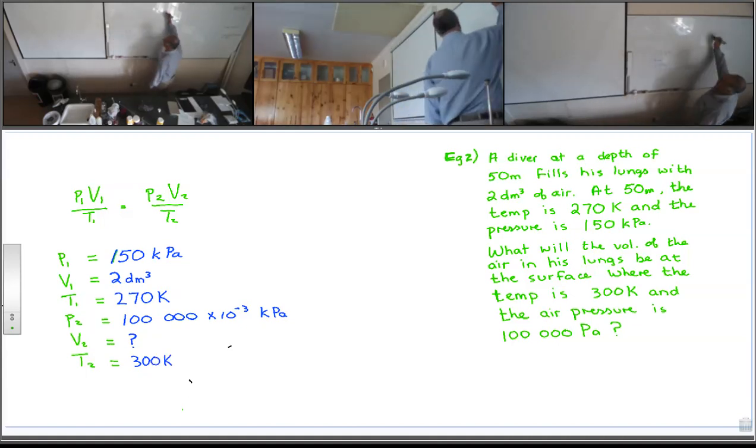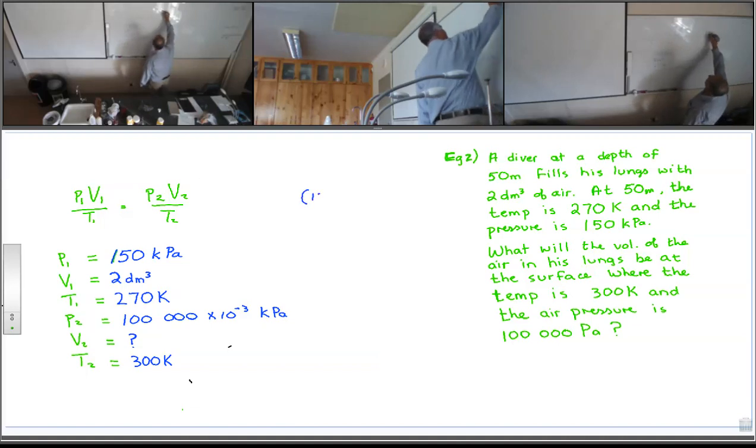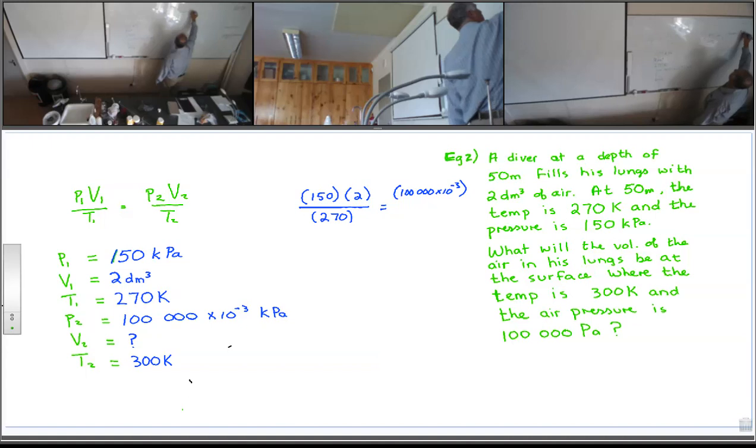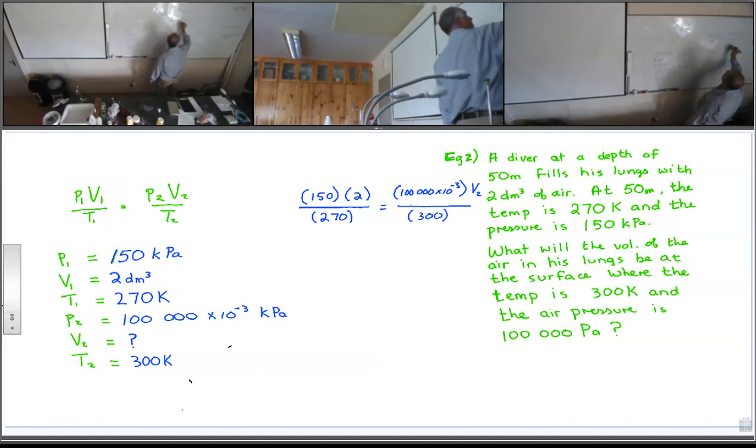Okay, let's substitute into our formula. P1, 150. V1, 2. T1, 270. P2, 100,000 times 10 to the minus 3 times V2 over 300.